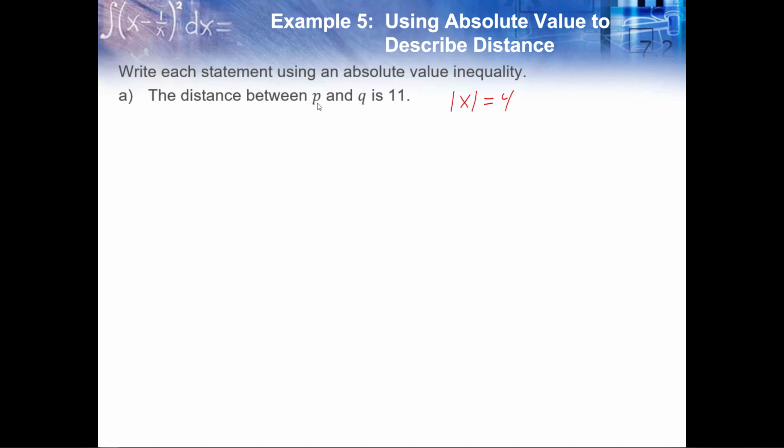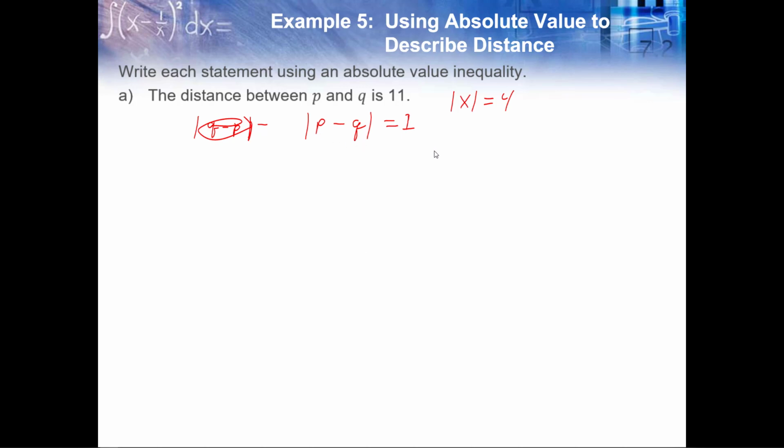So here we want the distance between these two values to be equal to 11. The way we can write that is the distance between these two quantities, the absolute value of the difference Q minus P, we want that to be equal to 11, and that is how you would write that equation.